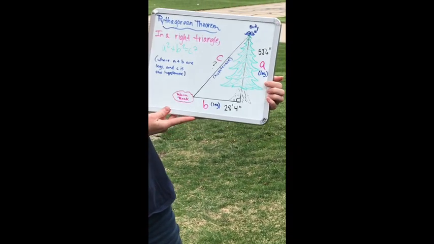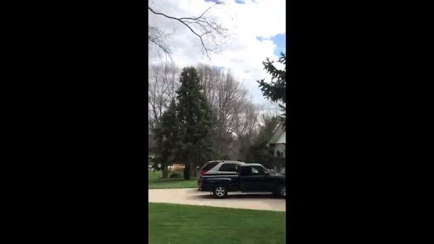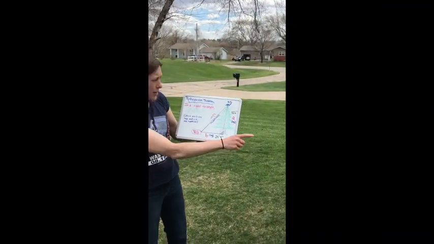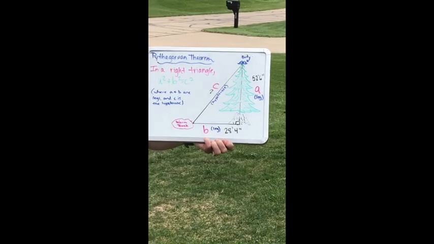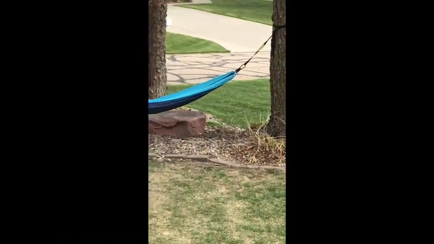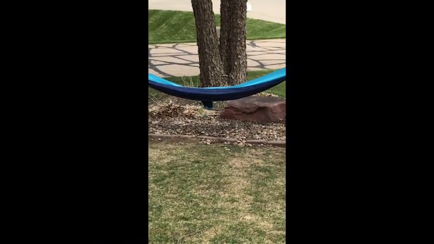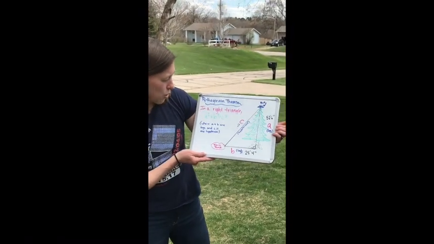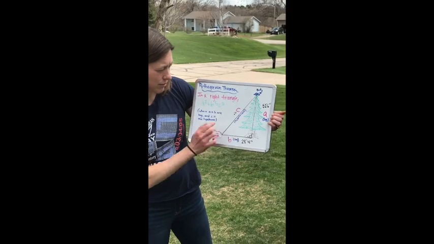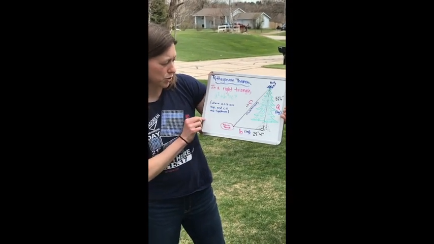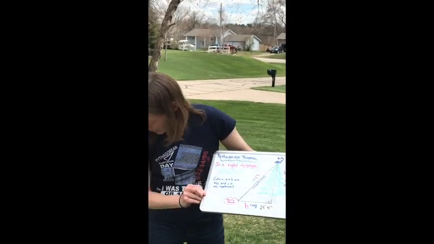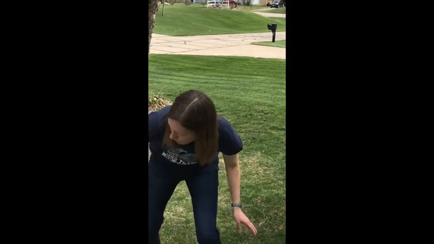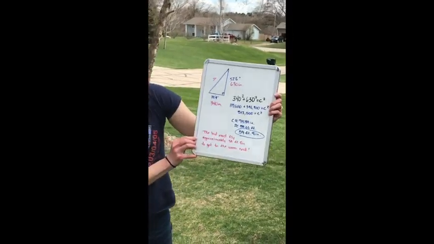If you look at our tree, which was 52 feet 6 inches, and the base of the tree was 28 feet 4 inches from the worm rock, which now is covered by a hammock, we're going to calculate the distance that the bird has to fly right here on this board.